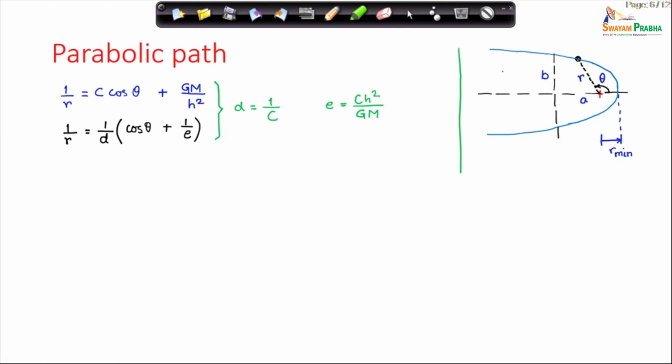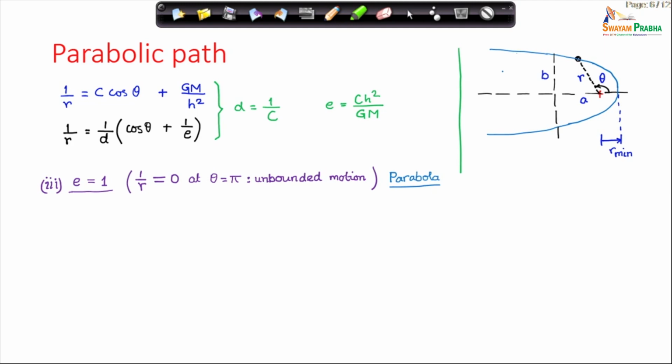So, this is Kepler's third law. Now, let us move to the parabolic path. I have drawn this parabolic path again; theta starts from the datum where r is r min. In a parabolic path the eccentricity is 1, therefore 1 over r can go to 0, therefore r can go to infinity, which means this is an unbounded solution.